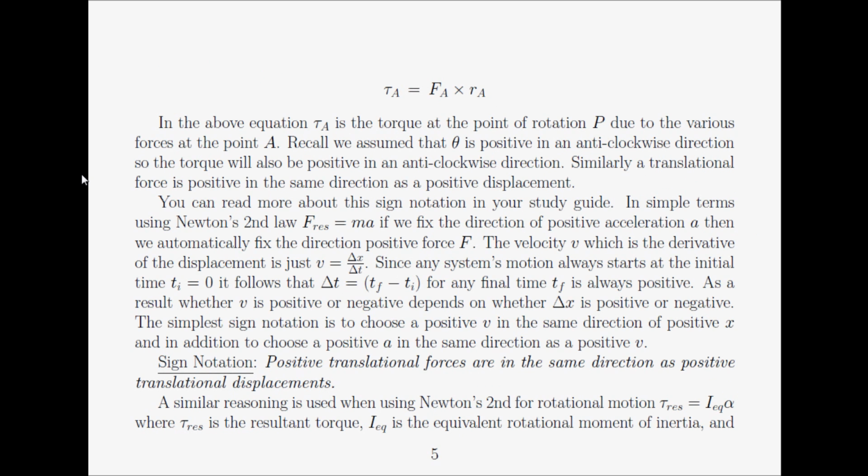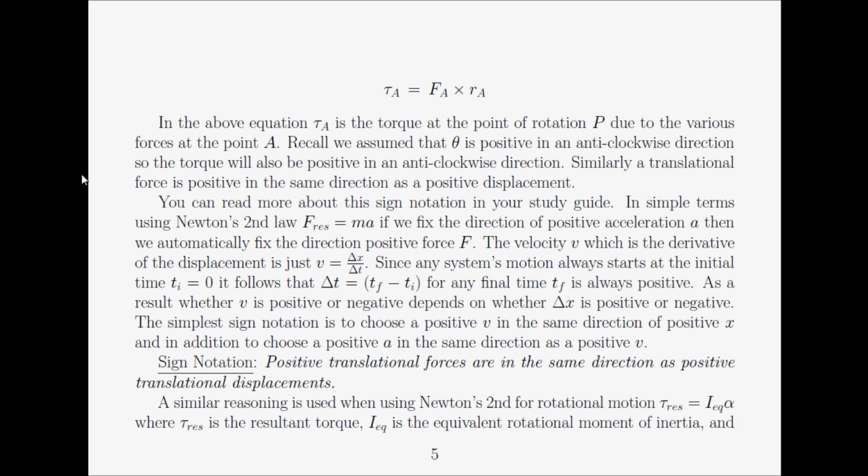So the torque is the force times the distance, technically the vector cross product of the moment arm and the force, and that particular torque would have a sign convention depending on whether the force Fa is positive or negative, because we are assuming Ra is just a positive moment arm.